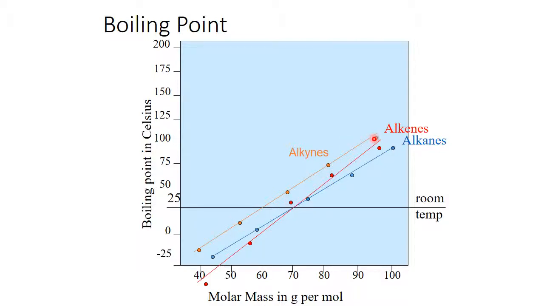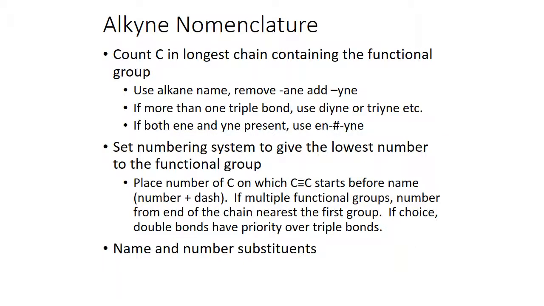The boiling point of the alkynes is very similar to that of the alkenes, maybe slightly higher. Why slightly higher? Well, that's probably due to the pi bonds in the alkynes having greater polarizability, allowing greater van der Waals interactions. Alkyne nomenclature is very similar to alkene nomenclature.